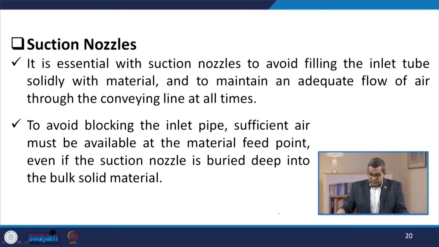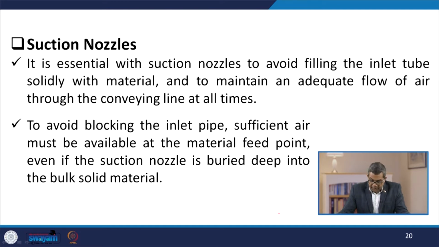Now, suction nozzles. It is essential with the suction nozzle to avoid filling the inlet tube solidly with material and to maintain an adequate flow of air through the conveying line at all times.